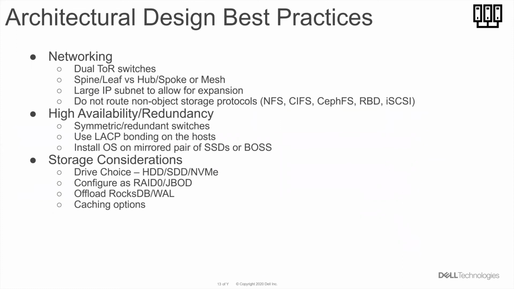So from a design best practices point of view, and you see some of these reflected in this, we have dual top of rack switches like we just talked about. We really don't want to have failure of a particular component bringing down significant amounts of the infrastructure. That's just always a good practice, not just for storage.